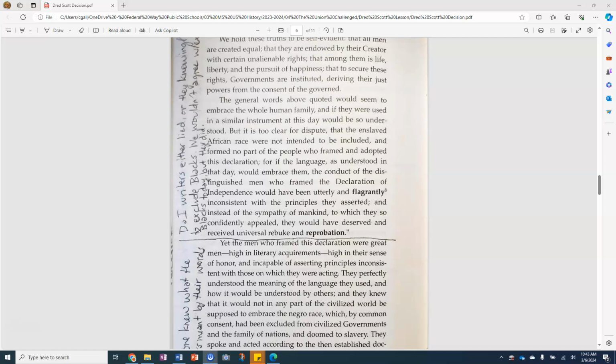But in that second full paragraph underneath the quote, he says, if they were to write this today, of course black people would be included as citizens, right? Of course they would. But we're not writing it today, and we need to understand it in the language it was and the ways the words were used at the time, right? How it was meant at the time. And I don't actually believe that this is what Taney thinks. Just for the record.